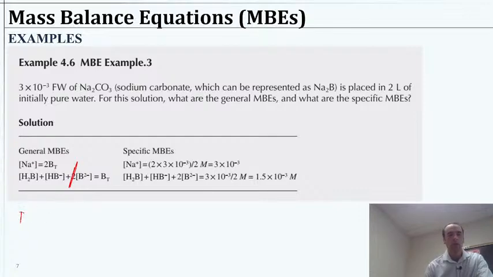So B total should be the sum of each component, right? So this should be the CO3 2 minus plus HCO3 minus and the H2CO3.